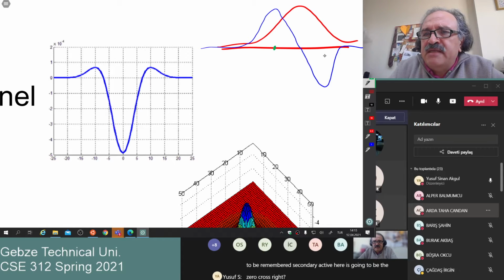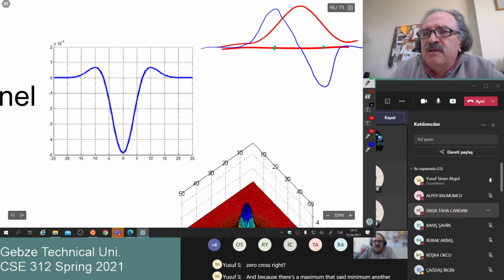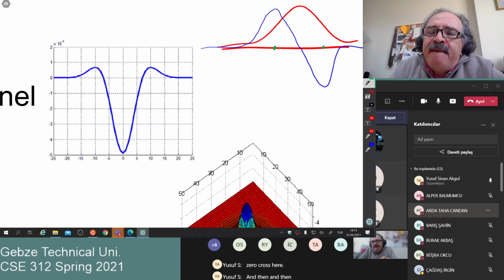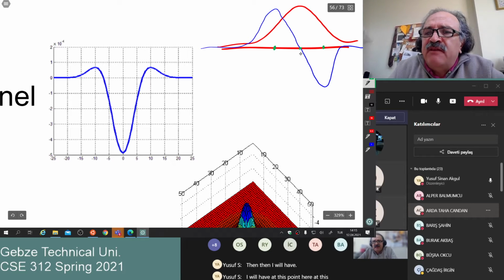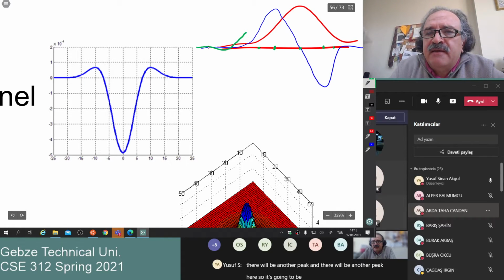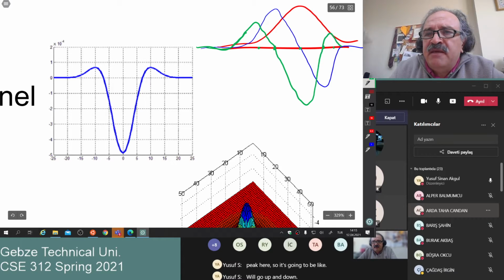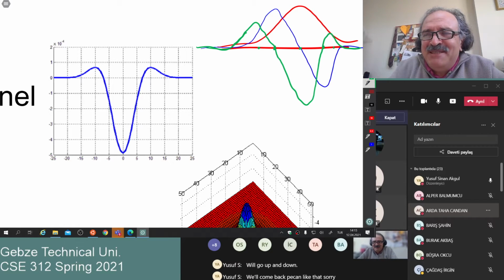Because that's the maximum, that's the minimum, another 0 cross here, and then I will have at this point a peak, there will be another peak, and another peak here. So we'll go up and down and come back, peak, and like that. Sorry, it should be symmetric. Let me make this more symmetrical.